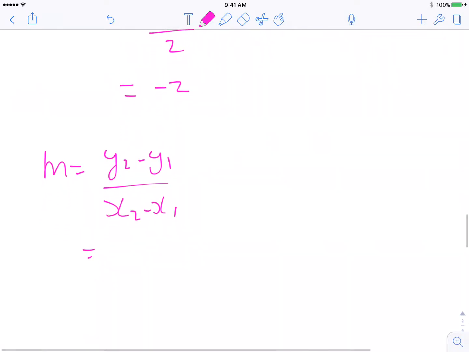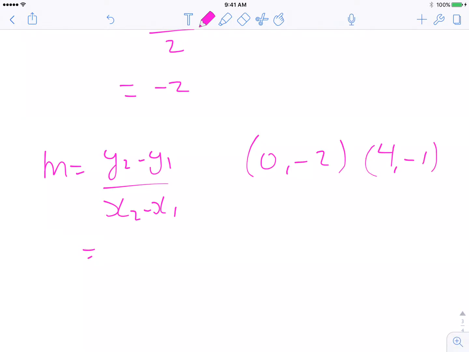And we had 0, negative 2, and we also had 4, negative 1. So y2 is negative 1 minus negative 2, and x2 minus x1 is 4 minus 0.